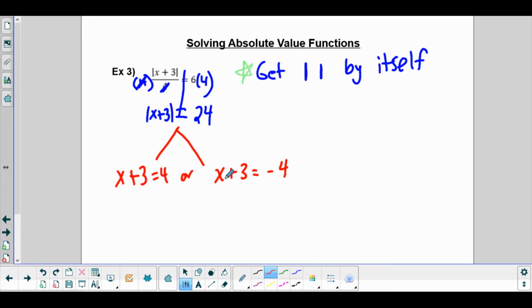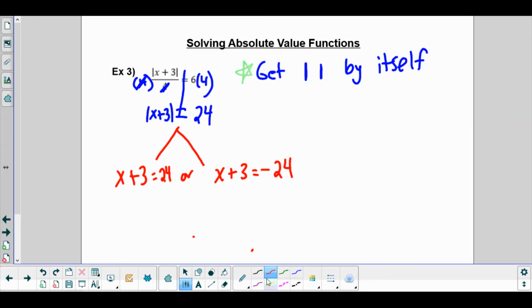Notice I didn't change this sign on the x plus 3. What was inside the absolute value is x plus 3. That cannot change. The only thing that can change is the number that's on the outside, which is, in this case, 24. Sorry, I just realized I wrote 4 there. It should be 24.